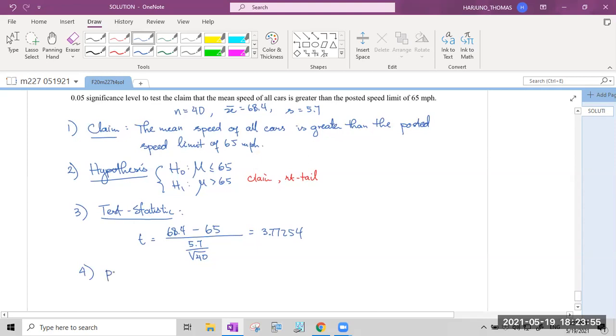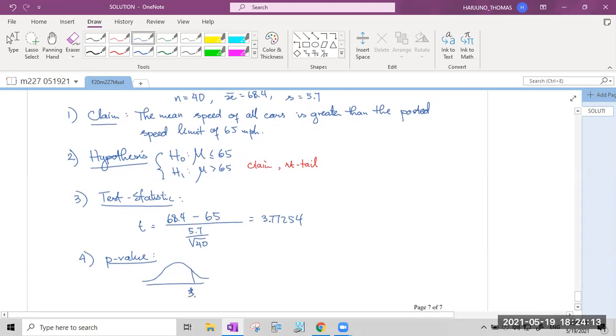So the p-value, the 6 points actually refer to 6 steps of this work here. So that's a right tail. So p-value is tcdf of 3.77254, E99, degrees of freedom 39.